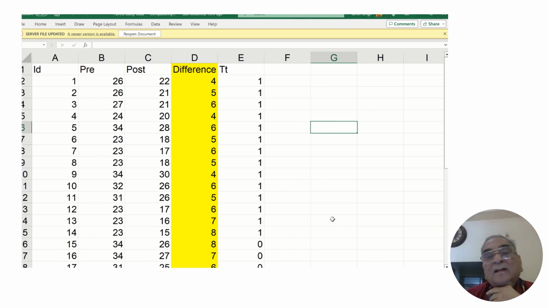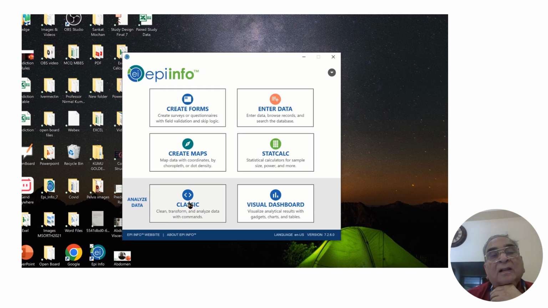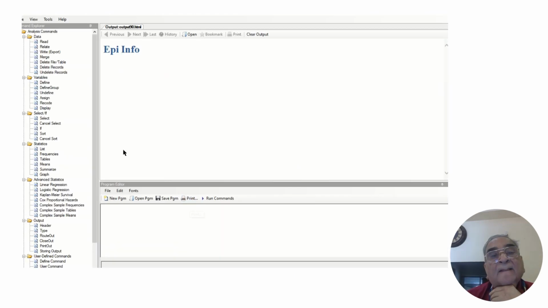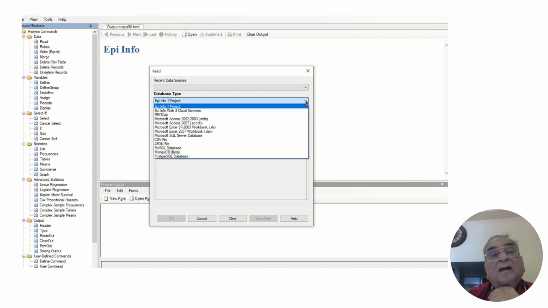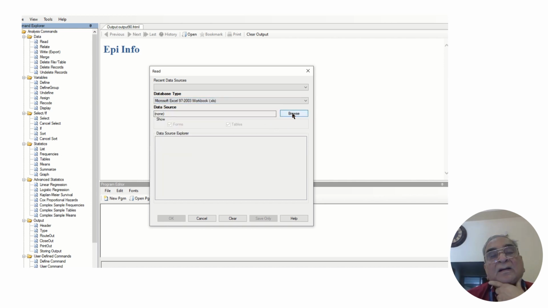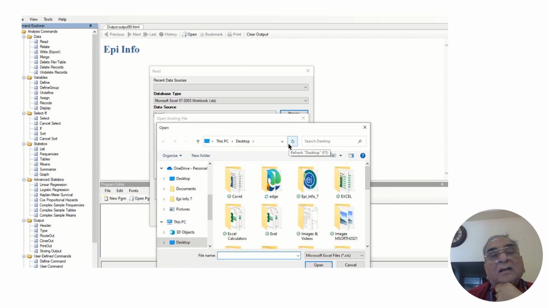Now, after having arranged the data like this, let us proceed to analyze it. So we open EpiInfo, we go to Classic, we read the file, and we say that our file is an XLS file, and we browse to find where it is.